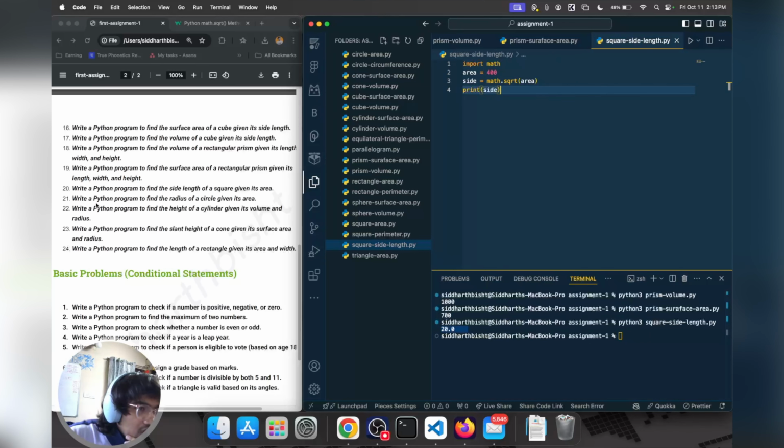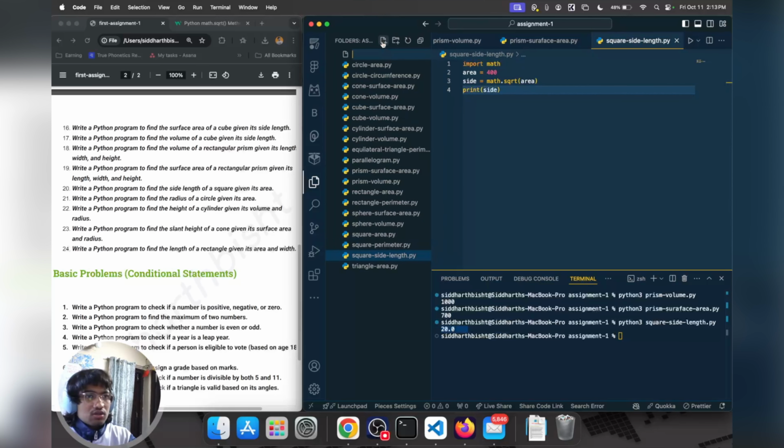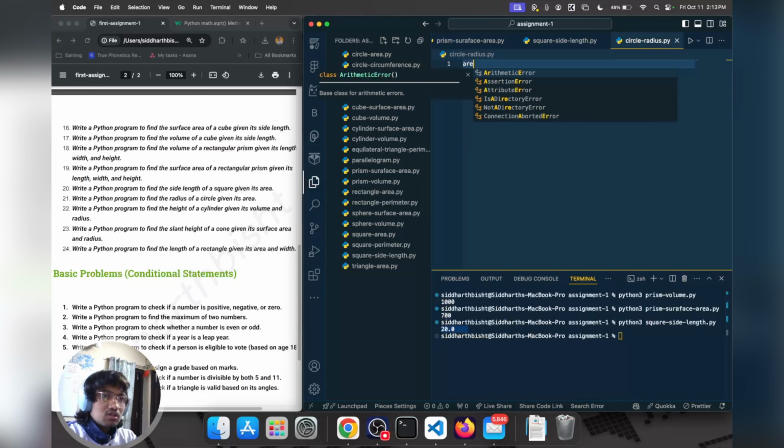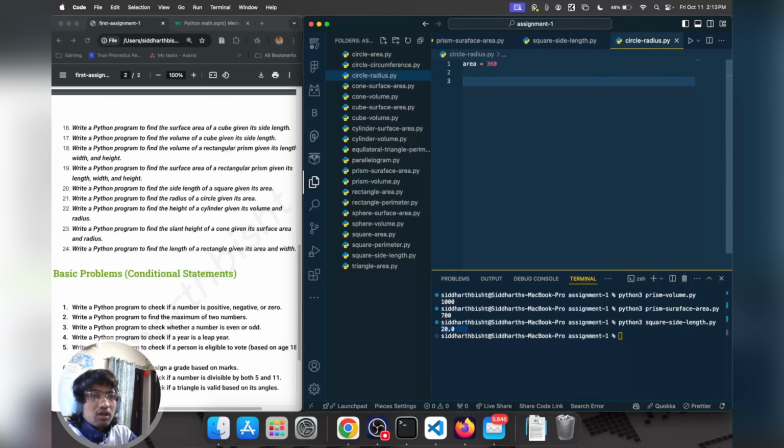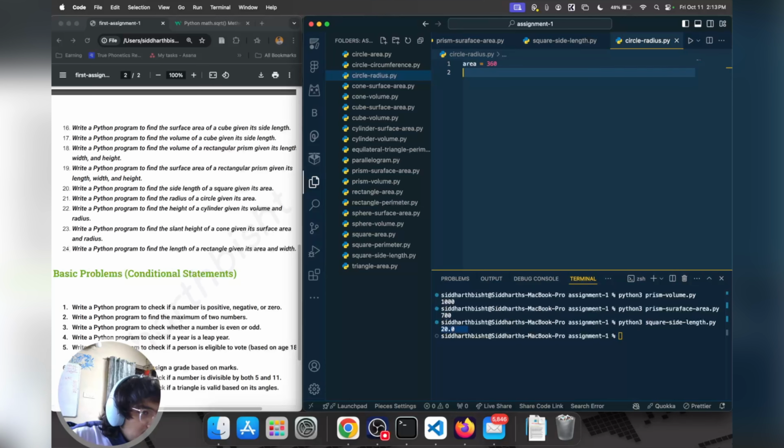Okay, next one. Write a Python program to find the radius of a circle given its area. So circle radius, we have to find. We are given its area. So area is equal to, let's take anything, 360, and let's find the radius.